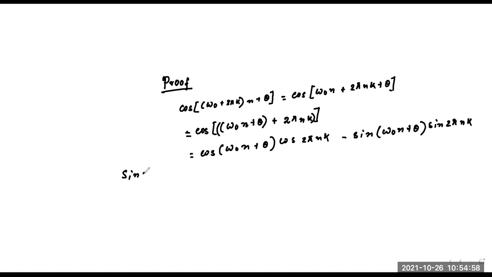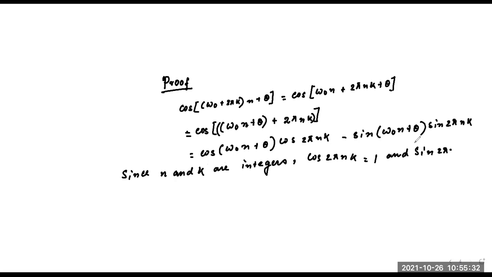Since n and k are integers, cos of 2 pi nk equals to 1 and sine of 2 pi nk equals to 0.